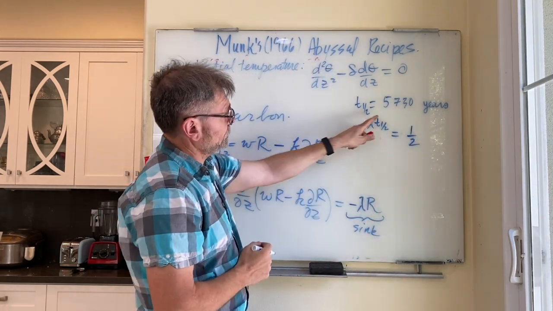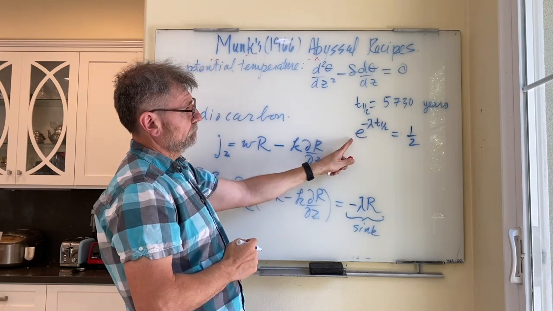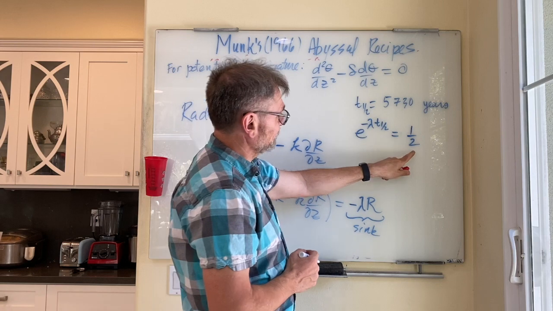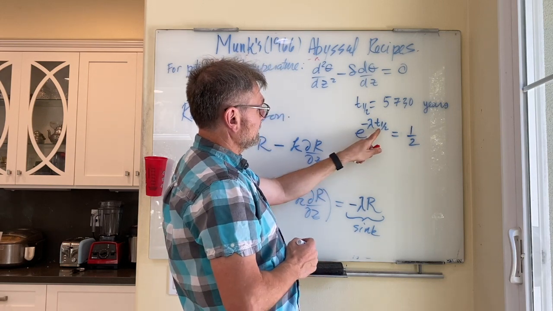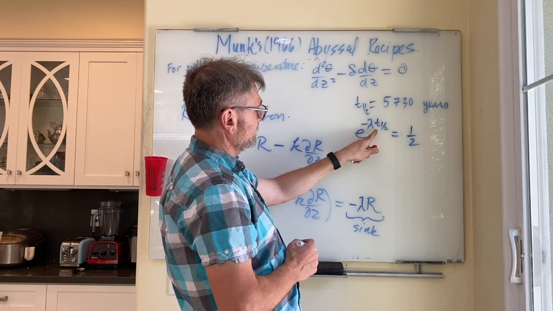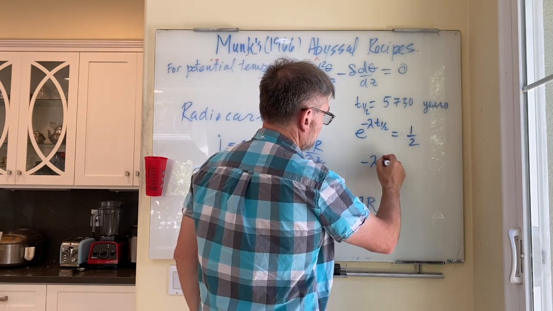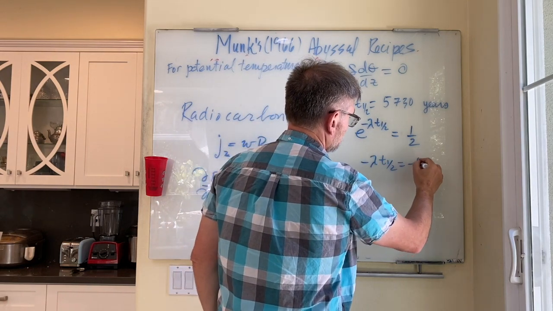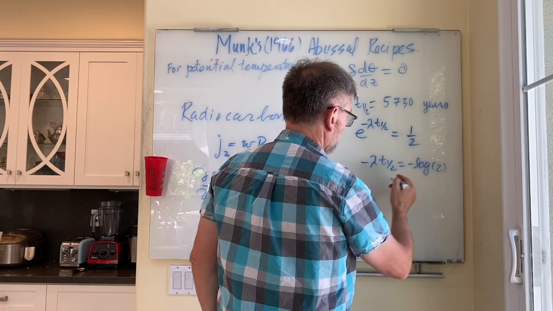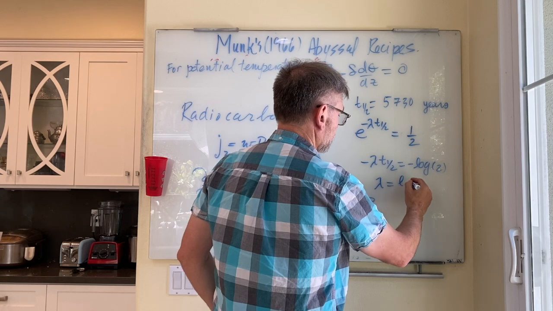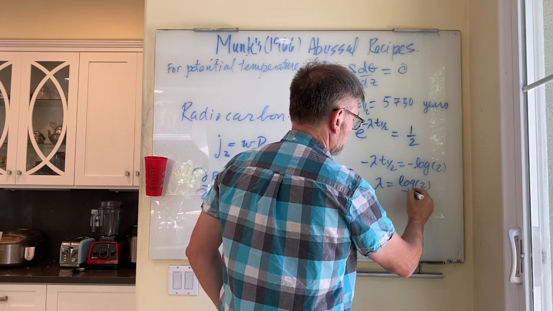So the fraction that is lost is equal to 1/2 when we put in t 1/2, 5,730 years. And if we take the logarithm of both sides, we get minus lambda t 1/2 is equal to minus log of 2, or lambda is equal to log 2 divided by t 1/2.